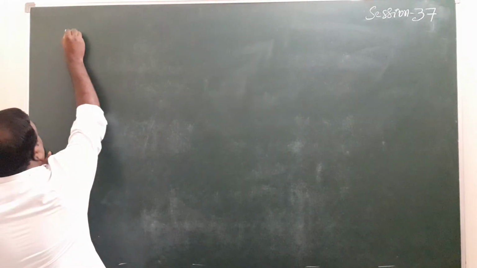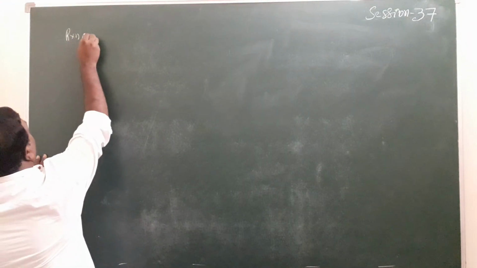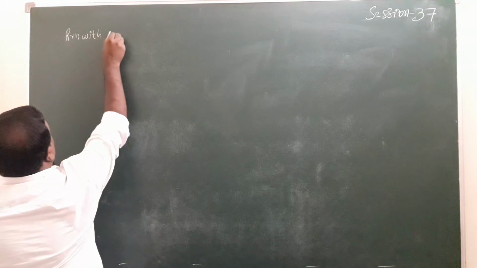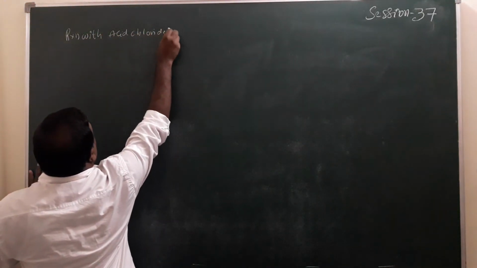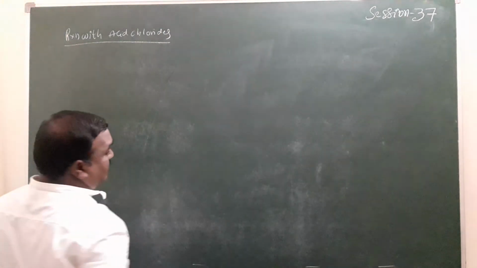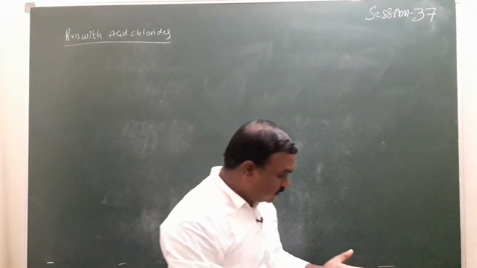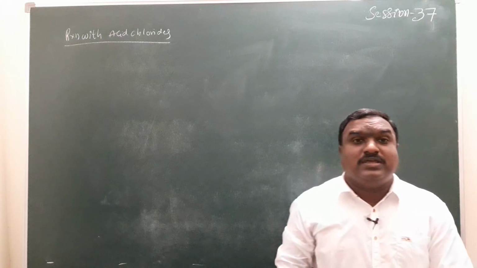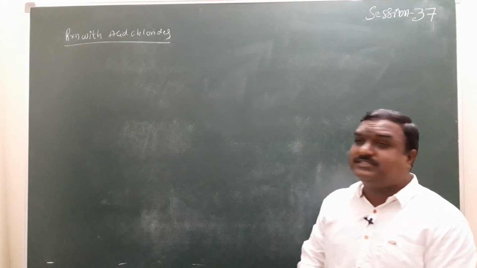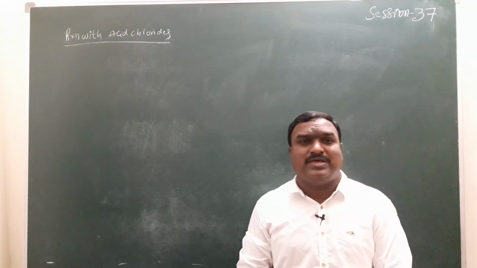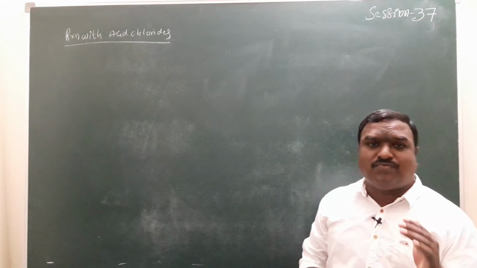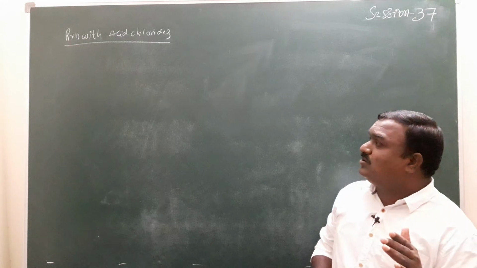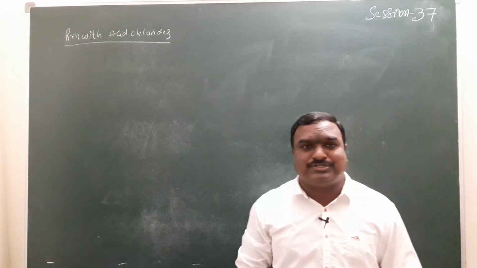Reaction with acid chlorides. When ethers are heated with acid chlorides in the presence of anhydrous zinc chloride or AlCl3, they form alkyl chlorides and ester compounds.